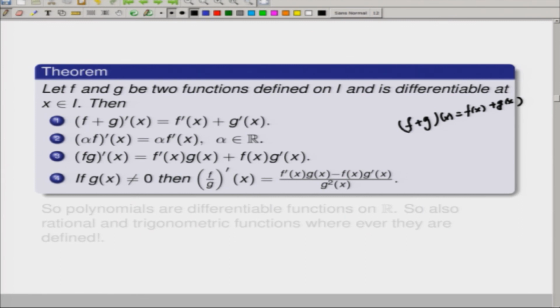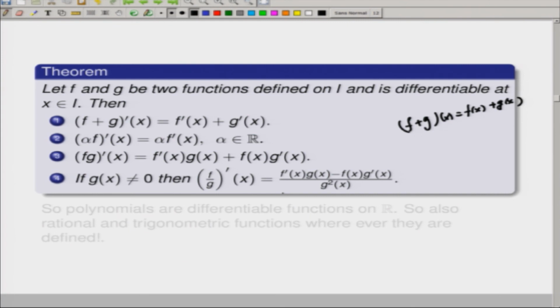And if both f and g are differentiable, then the product function f g is also differentiable, and its derivative is f prime of x times g of x plus f of x times g prime of x. That is, the derivative of the first into the second, plus the first function into the derivative of the second function.